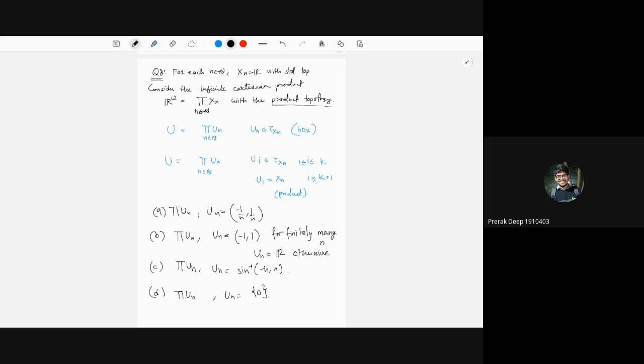Option B. Somehow my tab is appearing slowly on the presentation. I have already written down all the solution, so just wait for a minute.